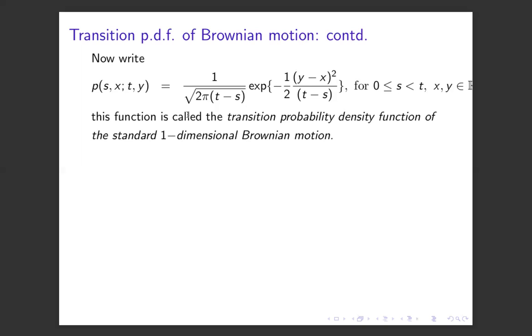That gives you the probability that the Brownian motion Bt is in A, given Bs equal to x. So that is the transition probability function. Its density is the transition probability density function.